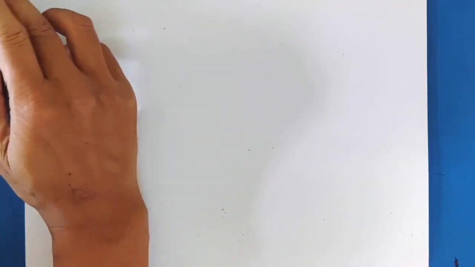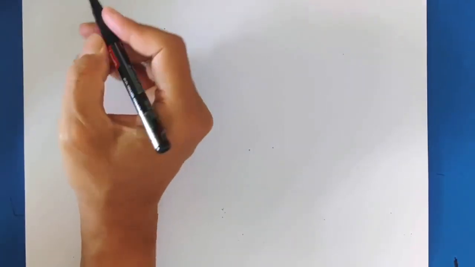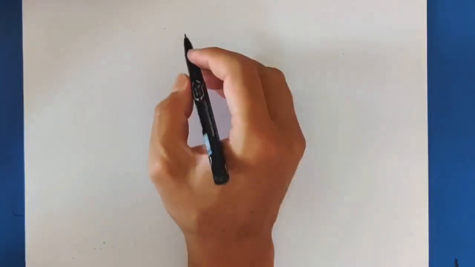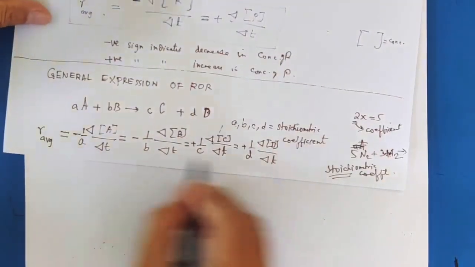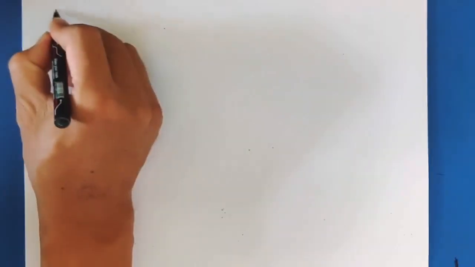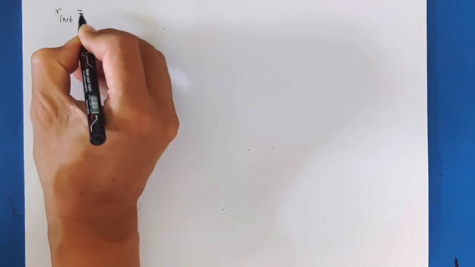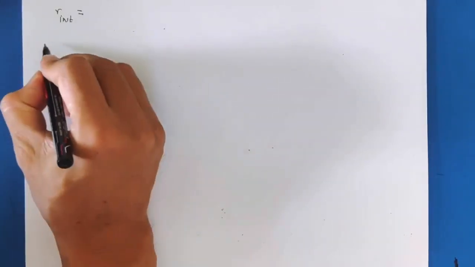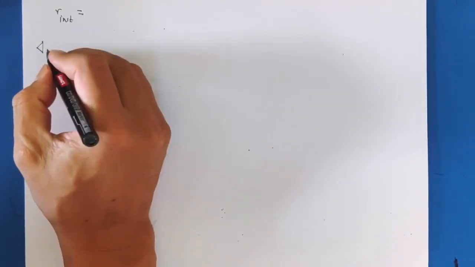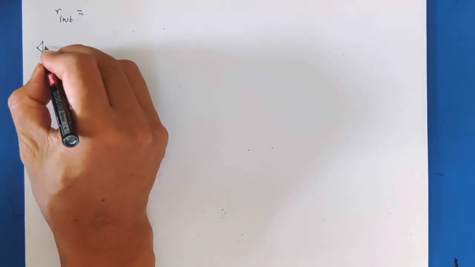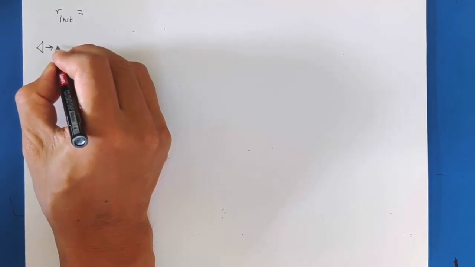Rate of reactions: average rate of reaction, and also instantaneous rate of reaction. For instantaneous rate of reaction you change del to small d.